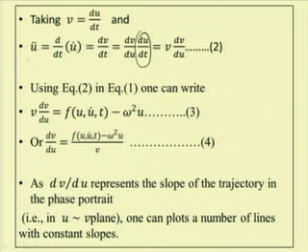Substituting in the first equation, v dv by du equal to f of u, u dot, t minus omega square u, or dv by du equal to f of u, u dot, t minus omega square u, divided by v. As dv by du represents the slope of the trajectory in the phase portrait, one can plot the phase portrait in the u-v plane.